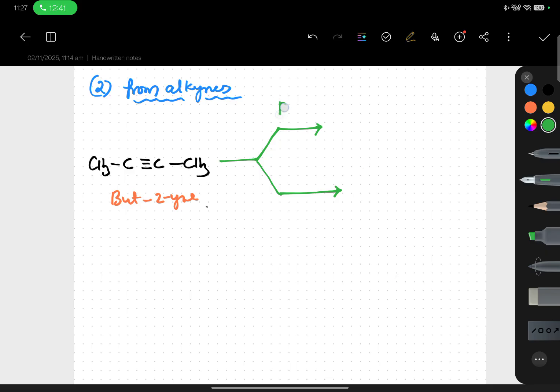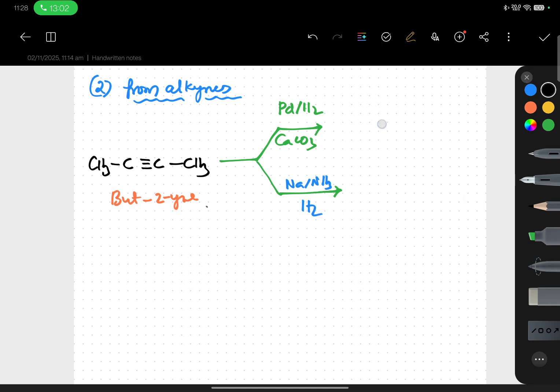One way you can add palladium in presence of hydrogen in presence of calcium carbonate. Another example, you can use Na in NH3. Here also you will add hydrogen.